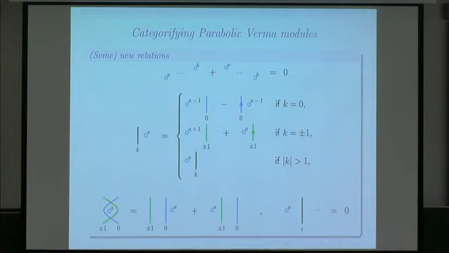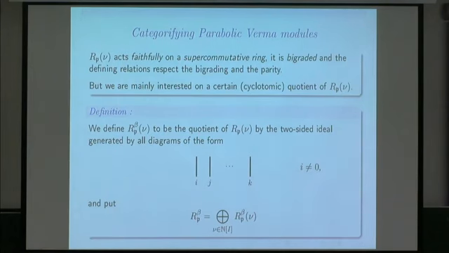Contrary to usual KLR algebras, where things are defined locally, you don't need to know where you are. Just look at the generator. Here, it's not true anymore. Okay. And using these gradings, one can check that the relations respect the grading and the parity.